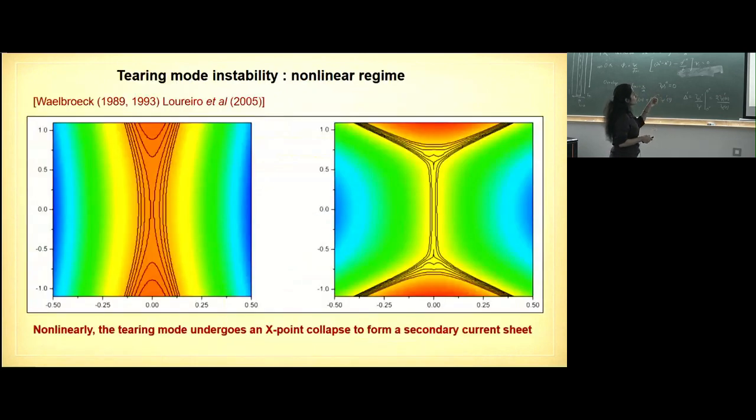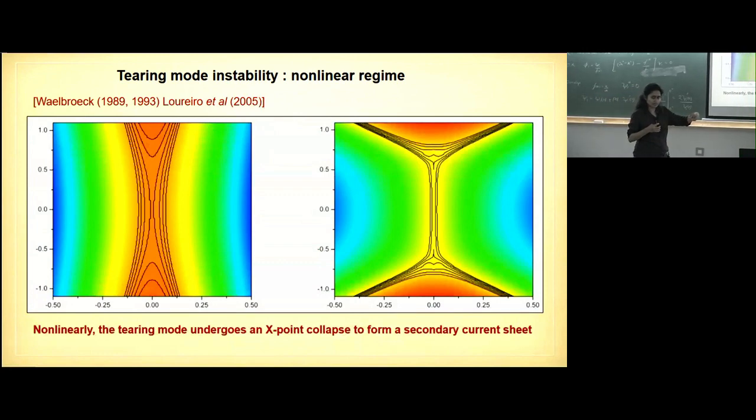If I look at the nonlinear regime of the tearing mode instability, what happens is that these islands come up, right? They grow fatter and fatter, and at some point, it undergoes what is known as an X-point collapse to form a secondary current sheet.